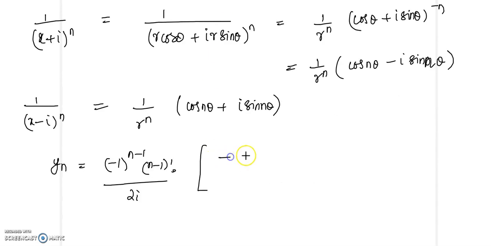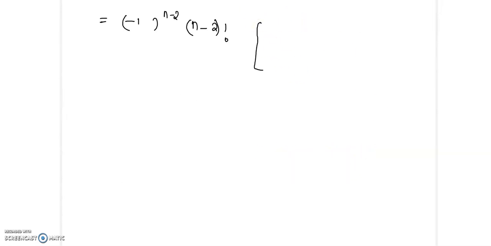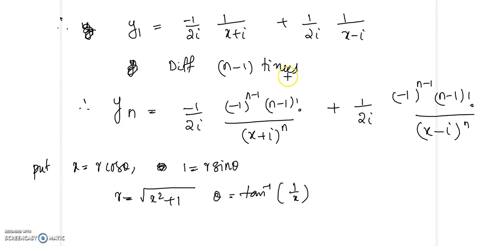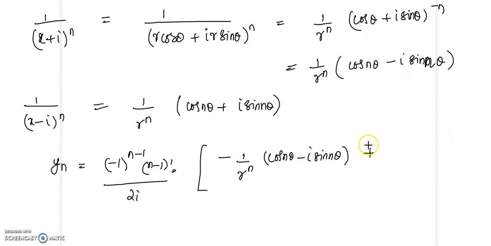So minus 1 by r raised to n, (cos n theta minus i sin n theta). Then plus 1 by (x minus i) whole raised to n.